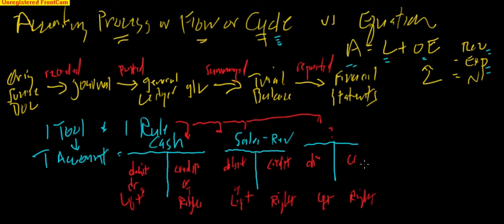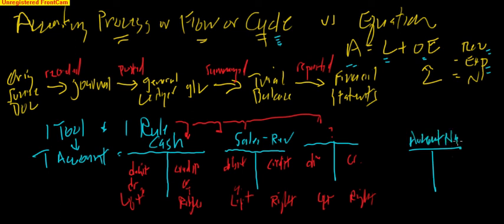So one tool, one rule. The tool is we can use a T account. Take a piece of scratch paper and just make a T. It helps us to visually understand what's going on in an account, and we put the account name up here.